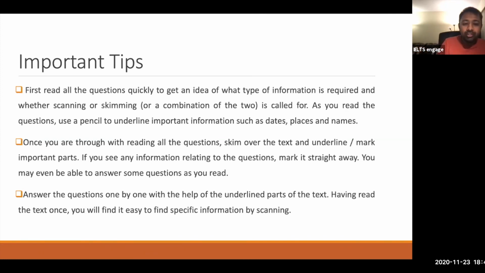Now we also need to be very careful. You need to read the entire text to find all the answers, but you'll find it easy to find specific information by scanning. So the first step would be to skim, then scan for specific information, and then read for details around that area.